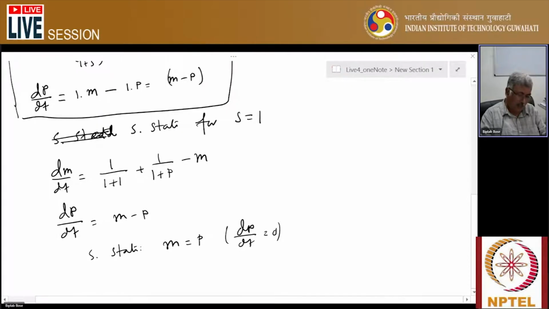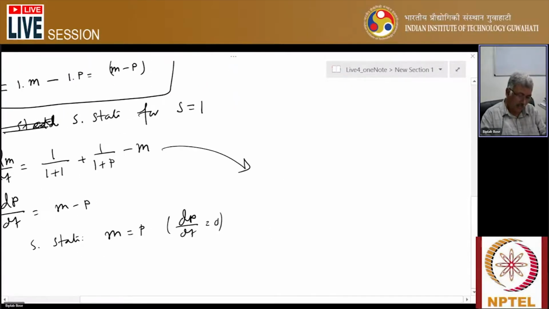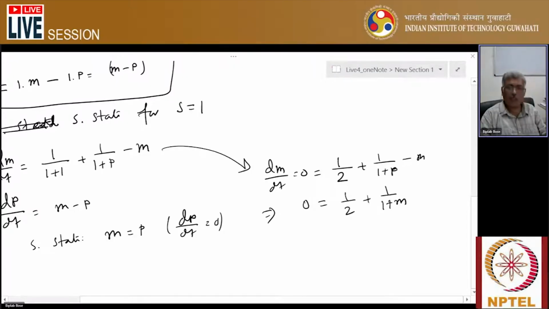Now I will go to the first equation. What do I get? dM/dt equal to 0 is equal to 1 by 1 plus 1, which is 2, plus 1 by 1 plus P, minus M. Now I will replace P by M. So it will become 1 by 2 plus 1 by 1 plus M, because M and P are equal in steady state, I have got from the second equation, minus M. So someone would try to solve it.